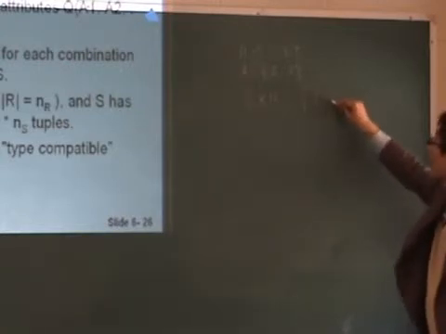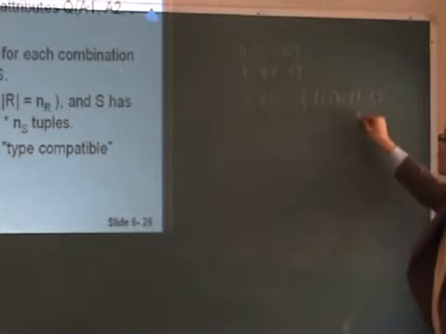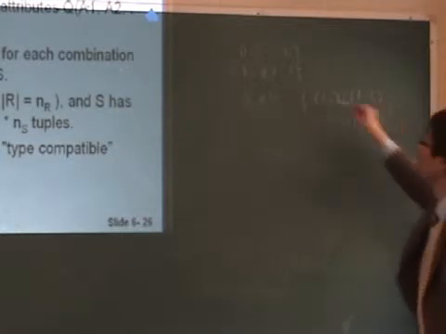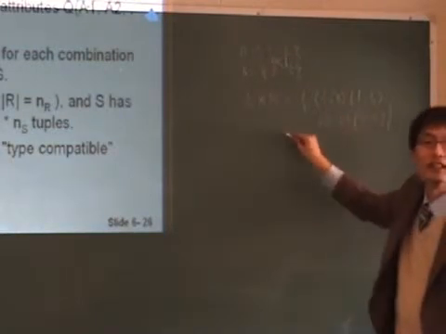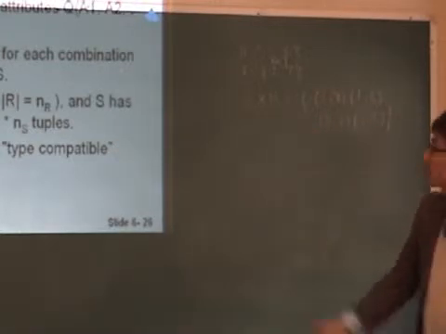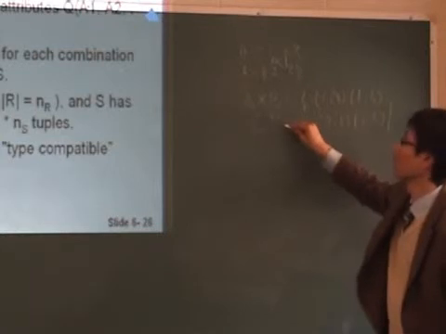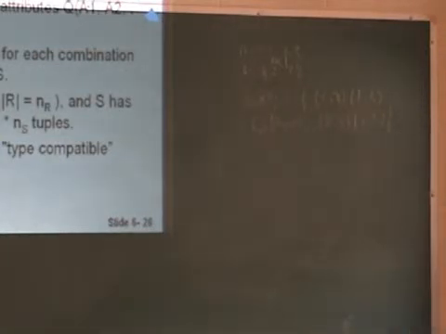Product: 1,1, 1,2, 1,3, 2,2, 2,3. Especially the product of products. This is called the Cartesian product. So this is another set operation. What is a Cartesian product? It's each and every combination of elements.